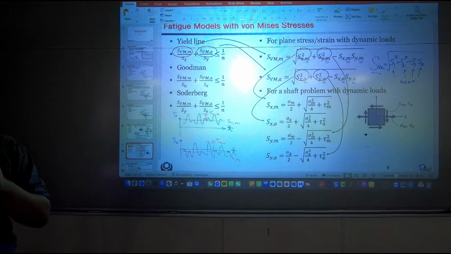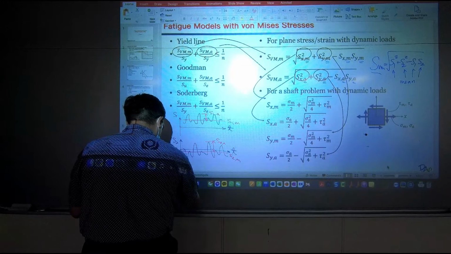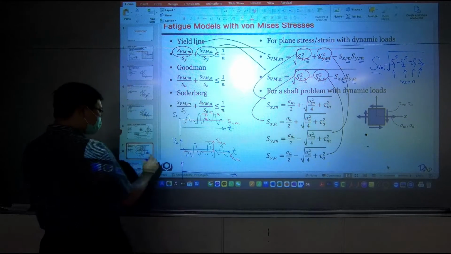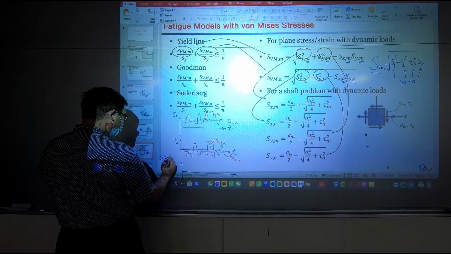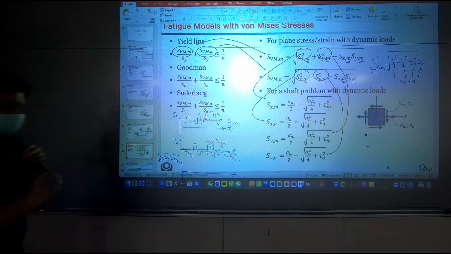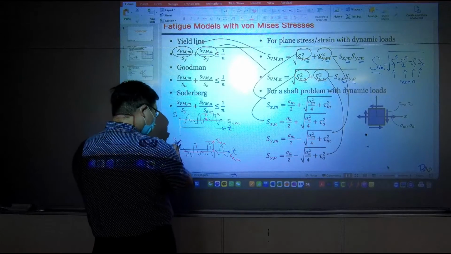I think the most accurate way should be truly calculating S1 squared plus S2 squared minus S1 and S2, and of course take the square root. Truly calculate it and calculate in time.